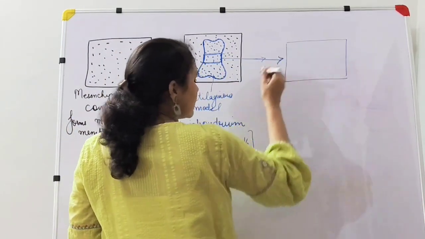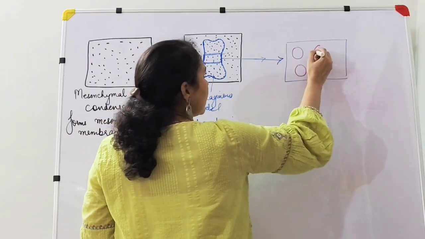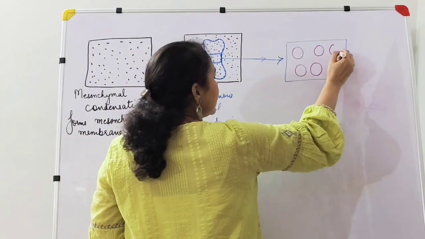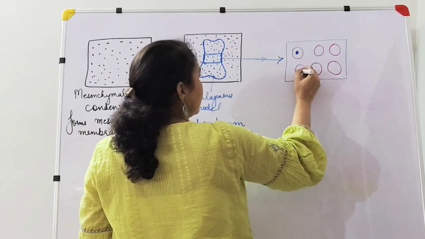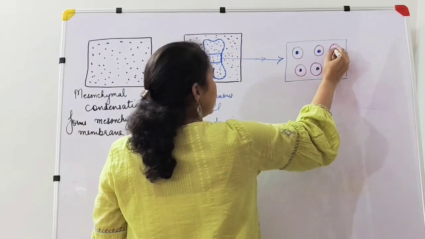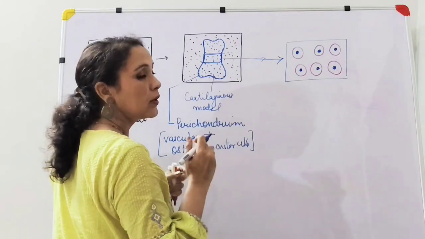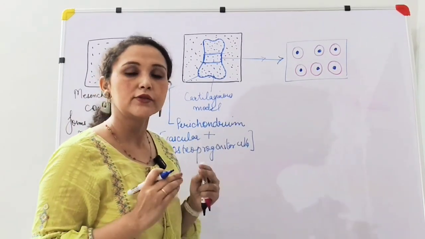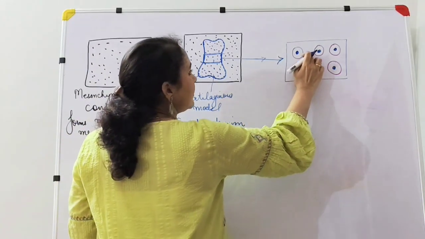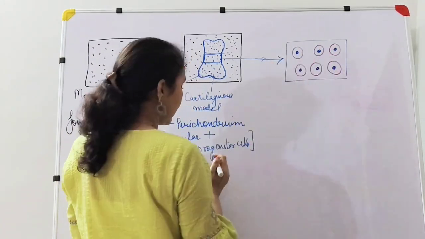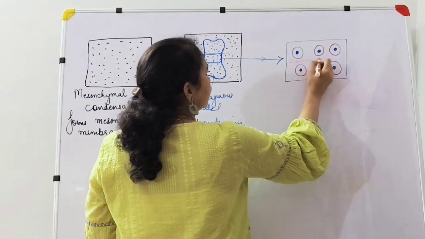The chondroblasts will enlarge and arrange themselves uniformly. So what has happened? Chondroblasts have enlarged in size. Now what will happen? Under the influence of chondroblasts, the matrix will get calcified, right? So the matrix here, it will get calcified.